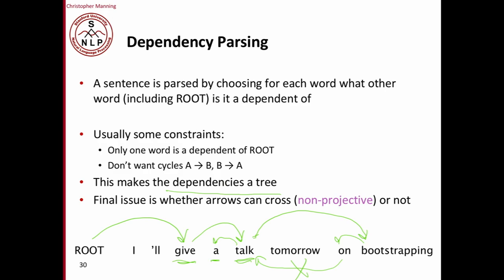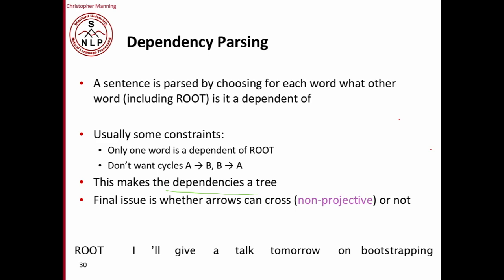And there's one final issue, which is whether we want to allow dependencies to cross or not. And this is an example of this. Most of the time, dependencies don't cross each other, but sometimes they do. This example here is an instance of that.